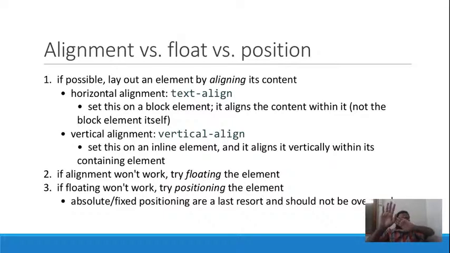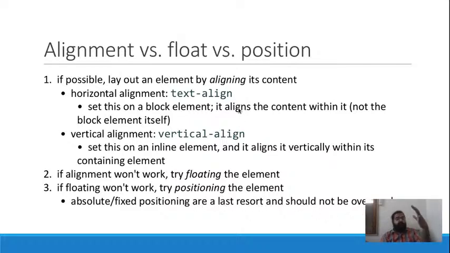You can float one hand over the other and keep the content in the bottom element wrapped or positioned the way you want. Even if floating doesn't work, then you will try positioning the element. Either absolute or fixed positioning are the last resort and should not be overused.